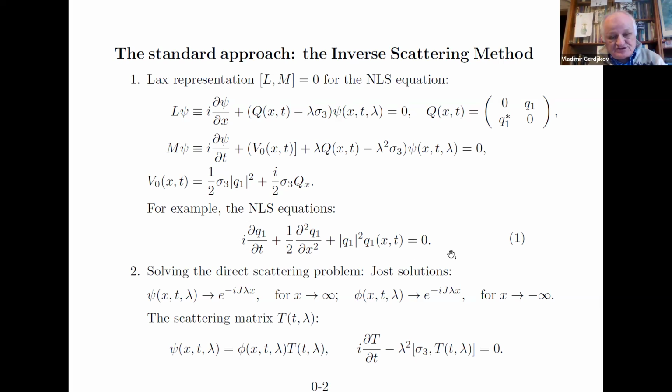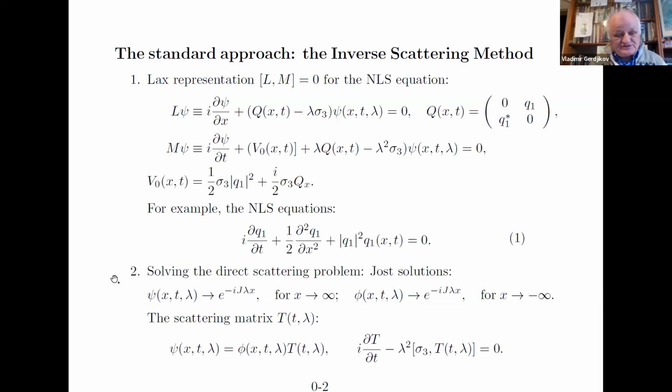And this is the nonlinear Schrödinger equation 1. So the first step is to demonstrate that taking the commutator of L with M, all positive powers of lambda disappear, and the lambda independent term actually vanishes if and only if the function Q1 satisfies the nonlinear Schrödinger equation.